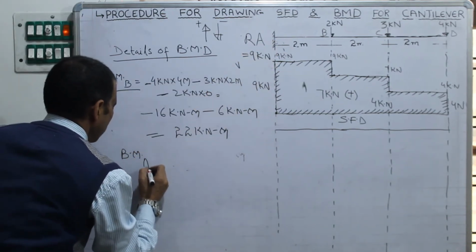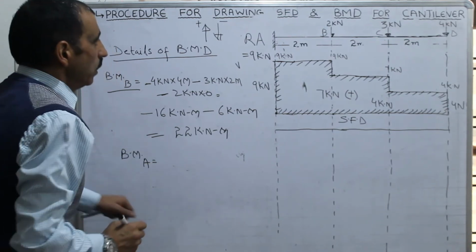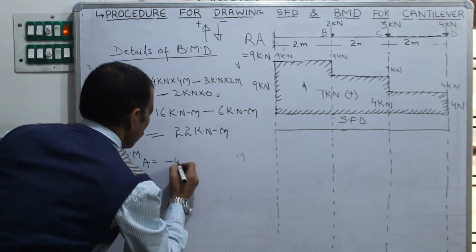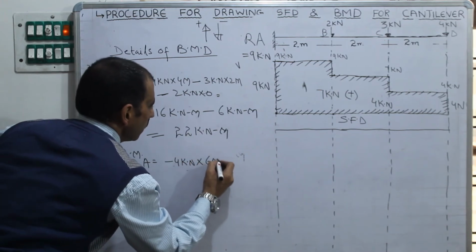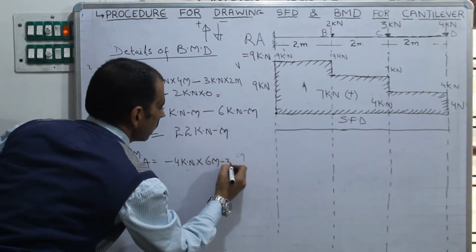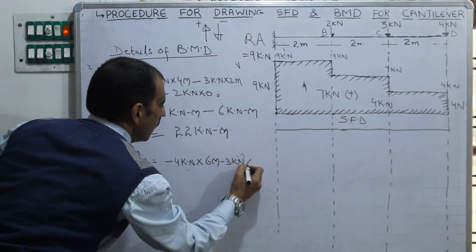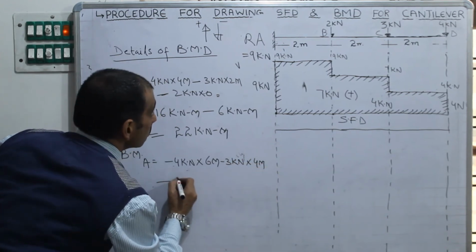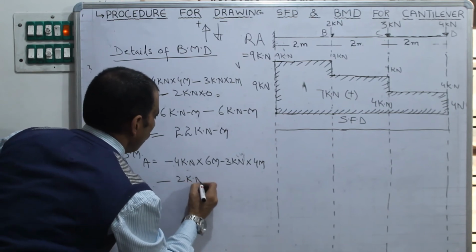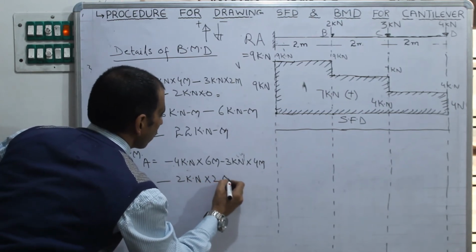Bending moment at A is minus 4 kilonewton multiplied by 6 meter minus 3 kilonewton multiplied by 4 meter minus 2 kilonewton multiplied by 2 meter.